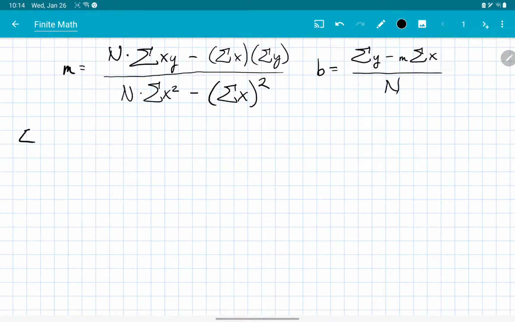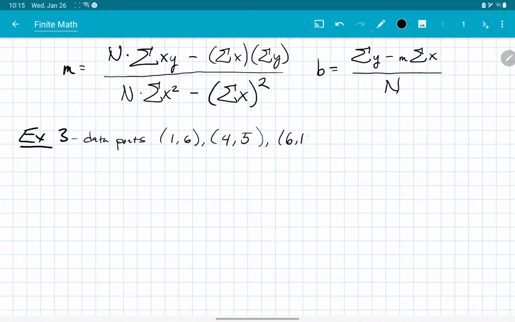So my example is going to be 3 data points. They're going to be (1, 6), (4, 5), and (6, 14). So I'm going to make a table.